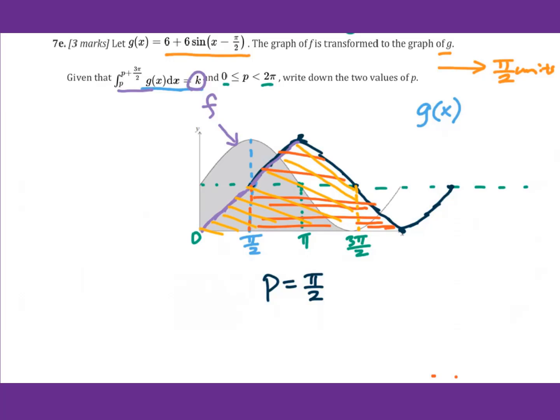In other words, p equals 0 also. So write down the two values: p equals 0 and pi over 2.